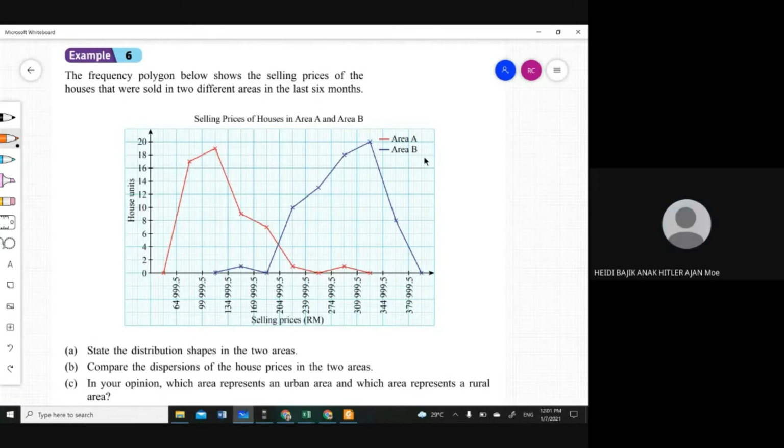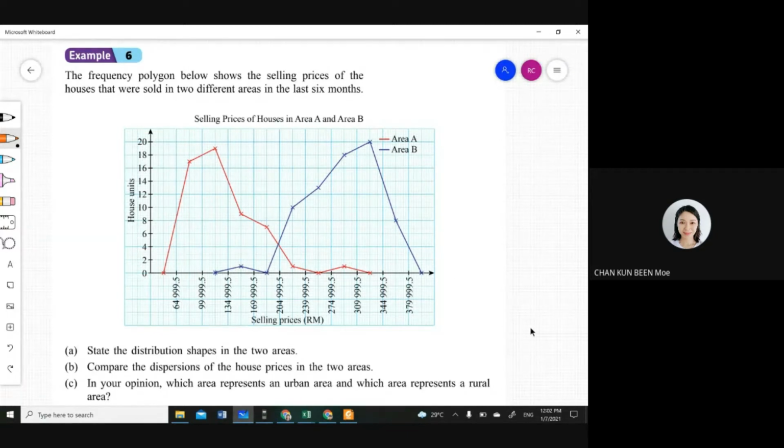B. Yeah, area B represents the urban area. So area A represents what area? Rural area, because the house is cheaper over here. Okay, so that is how we compare and interpret the distribution of data. So this part is done.